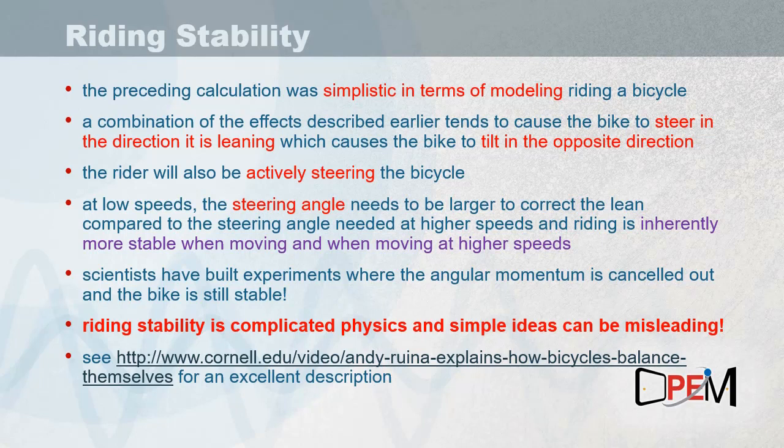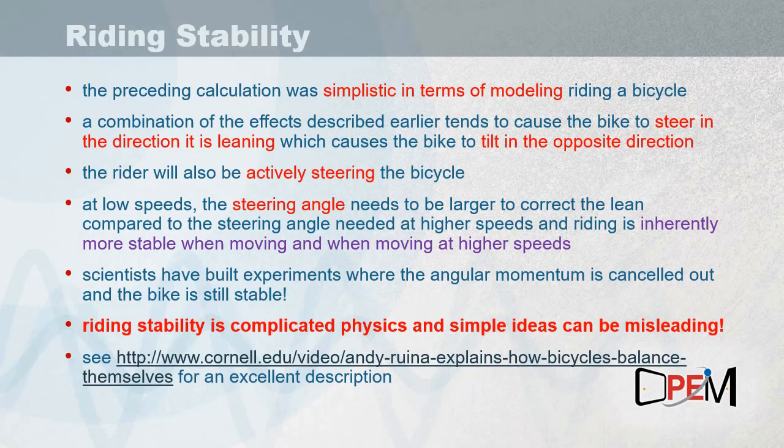And then in general, higher speed riding is inherently more stable because the corrections needed are smaller, more subtle, and easier to manage than the large corrections needed at lower speed.